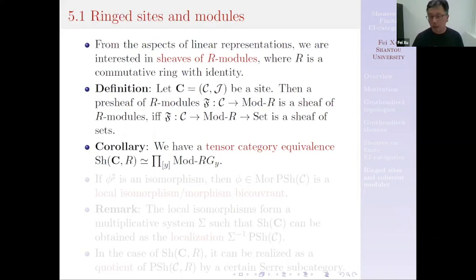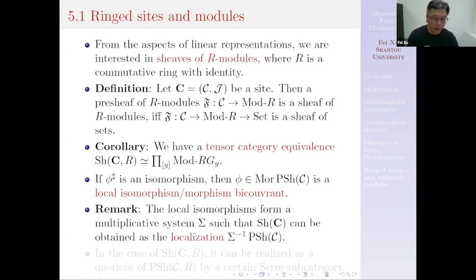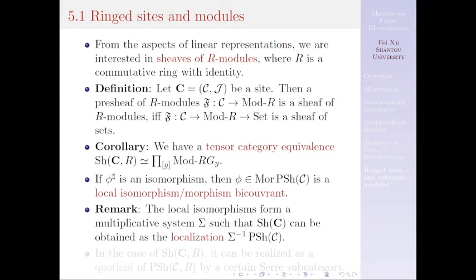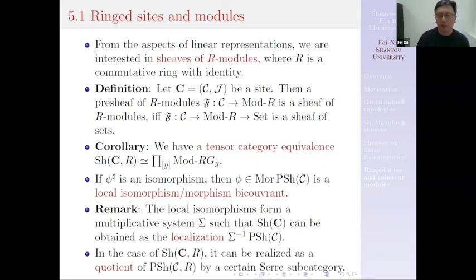So this is actually a tensor category equivalence. Also, I probably should skip the remarks below that tell you a different way to get the sheaf category via localization or quotient category. But anyway, these are kind of standard.